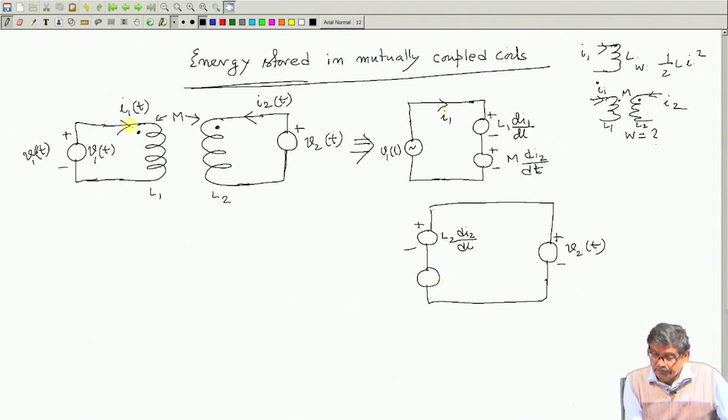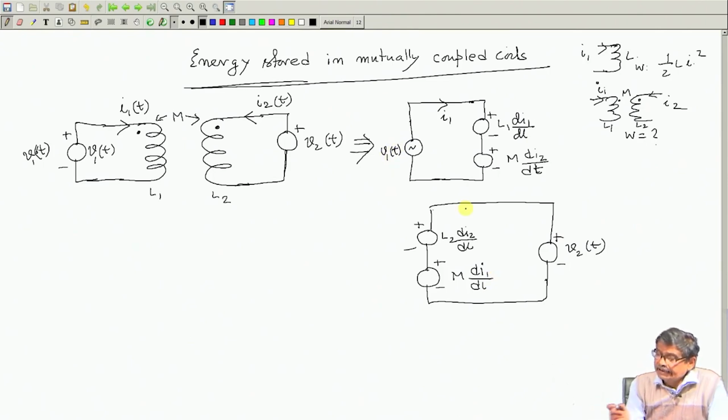And through the dot I1 is entering, this dot will become plus. So, the upper one is plus, plus or minus M dI1/dt. And let the things be time varying. I am not at all worried whether sources are connected on both sides or not. So, I have drawn the KVL, the instantaneous voltage polarity, hopefully correctly like this.